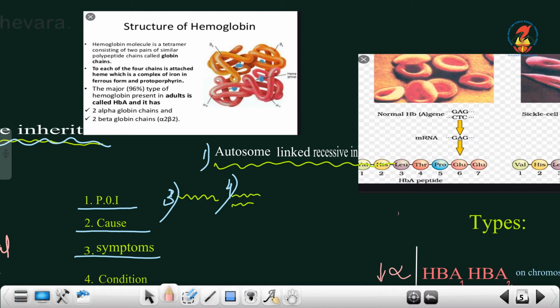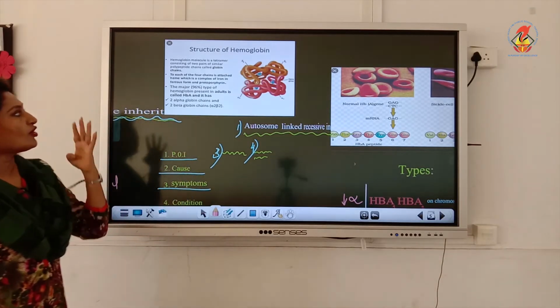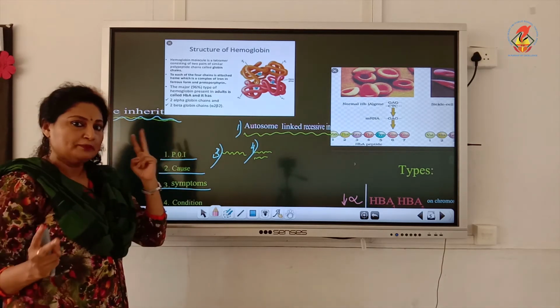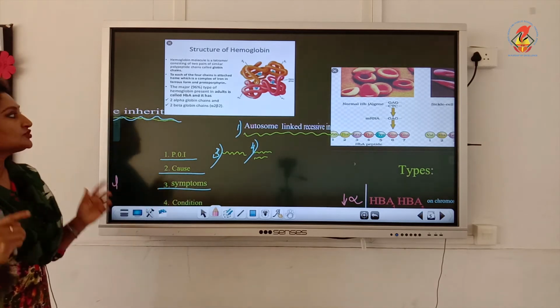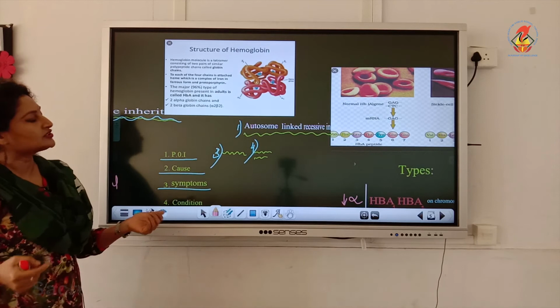A hemoglobin molecule is a tetramer consisting of two pairs of similar polypeptide chains called globin chains. So, hemoglobin is a tetramer consisting of 4 globin chains, namely 2 alpha globins and 2 beta globins. And these alpha and beta globins are connected to heme. These 4 chains are attached to heme, which is a complex of iron.